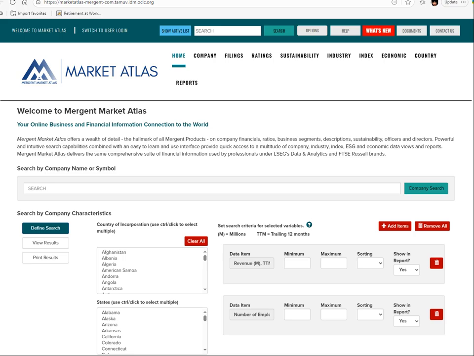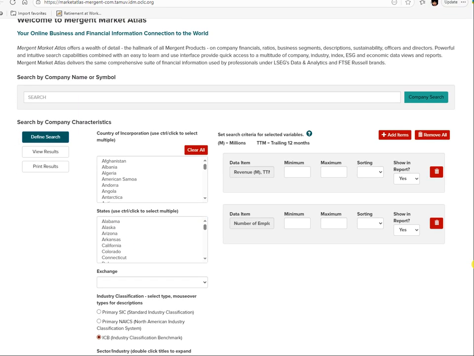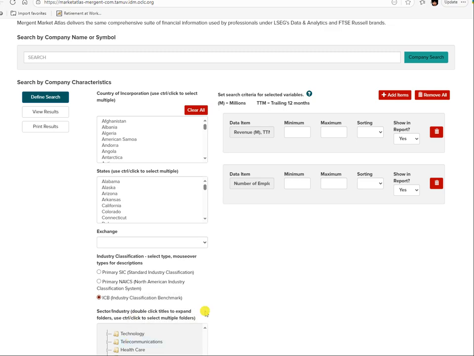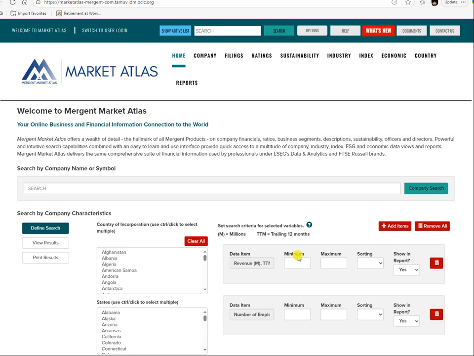It gives us a page that allows us to search by company name or symbol, or you can search a group of companies by selecting country, state, exchange, and industries. You can also set a limit on revenues or number of employees. But let's search a single company, for example, Apple.